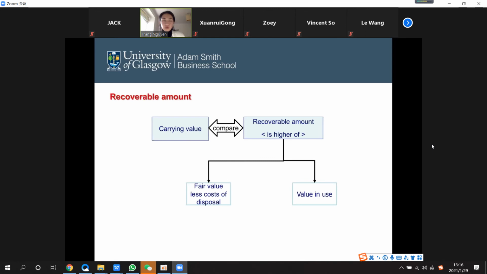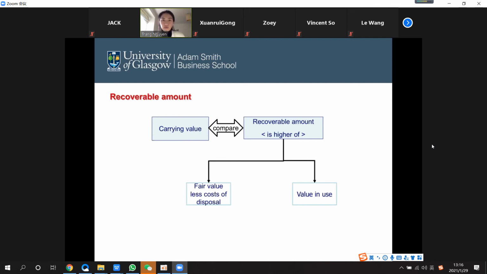So value in use is the present value of the cash flows that the asset generates in the future. We compare value in use with fair value less cost of disposal, choose the higher as the recoverable amount, and if the recoverable amount is lower than the carrying value, we need to record an impairment.